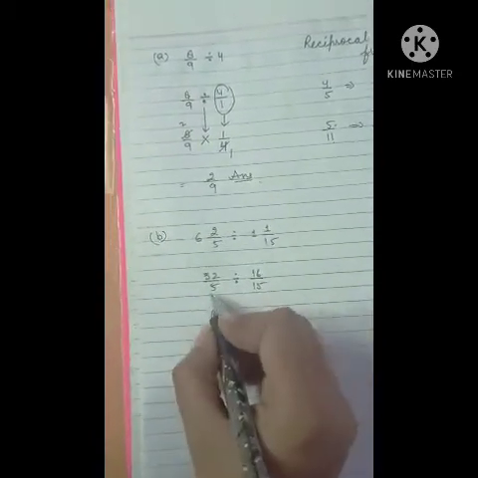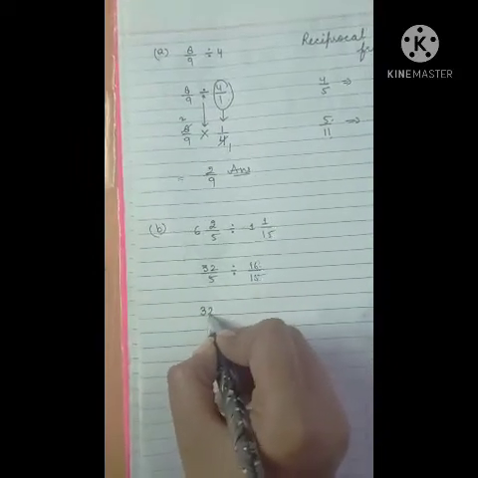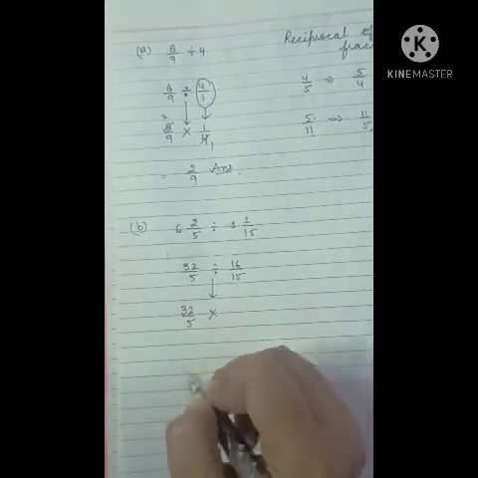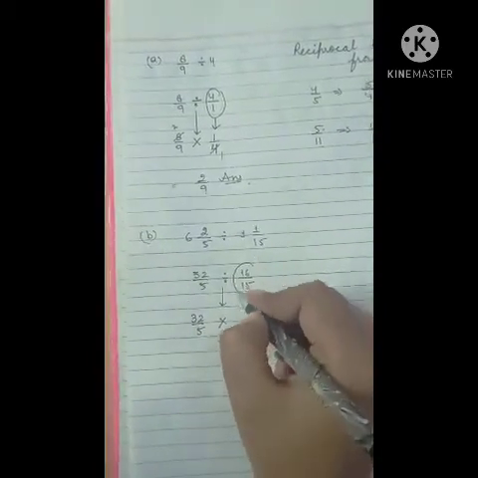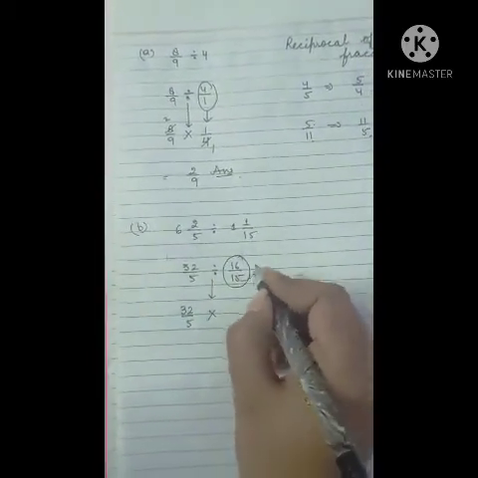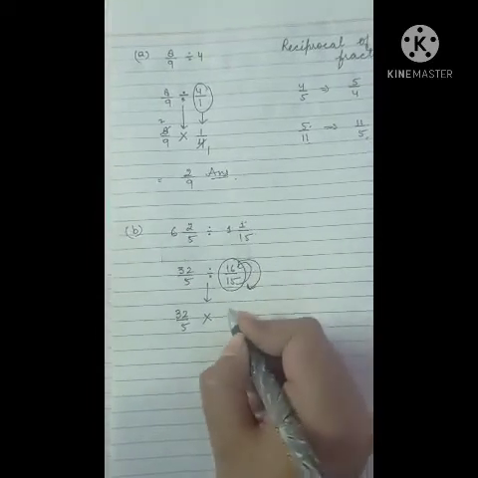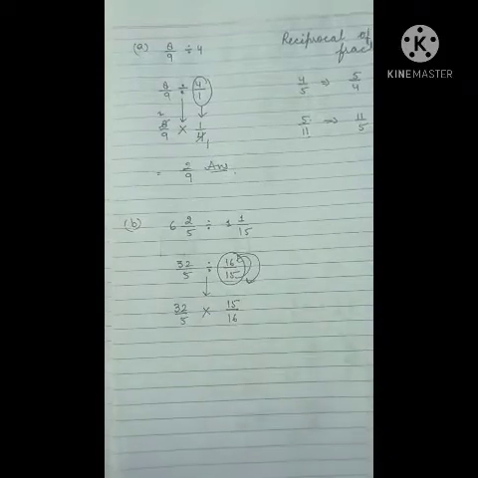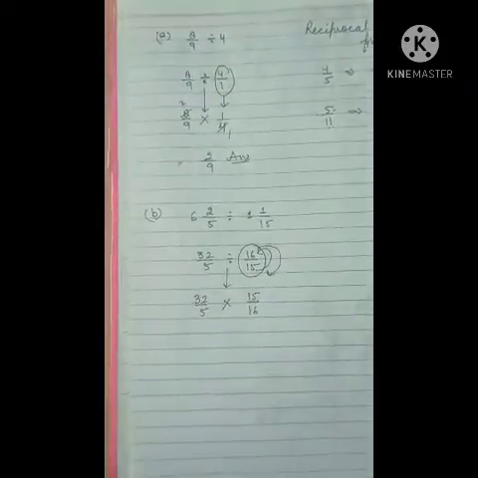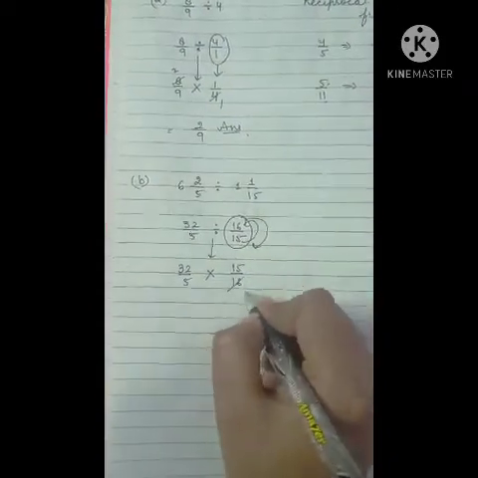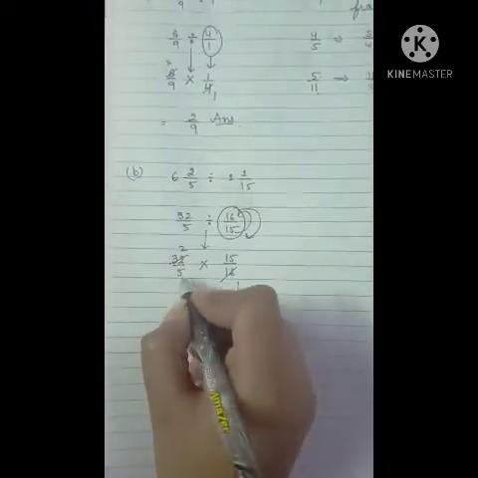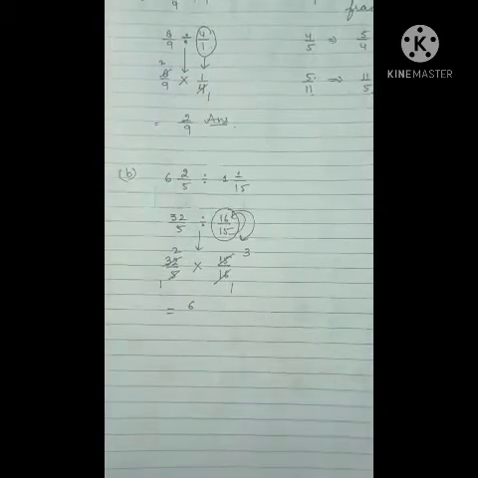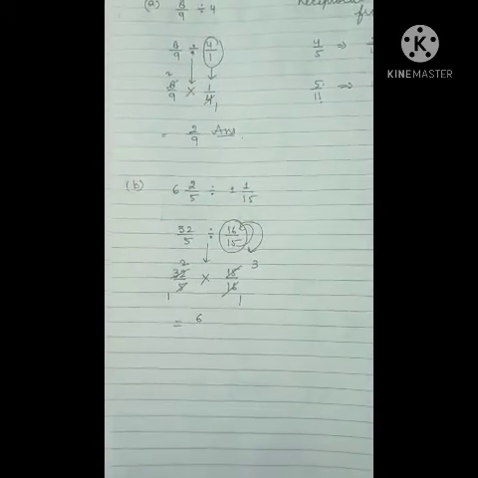Now again we write this fraction as it is, we change this sign into multiplication, and then we reciprocate this fraction. So here you get what? 15 by 16. Now we reduce the fractions. 16 1 times, 16 2 times, 5 1 times, 5 3 times. So here you will get 6. Clear?